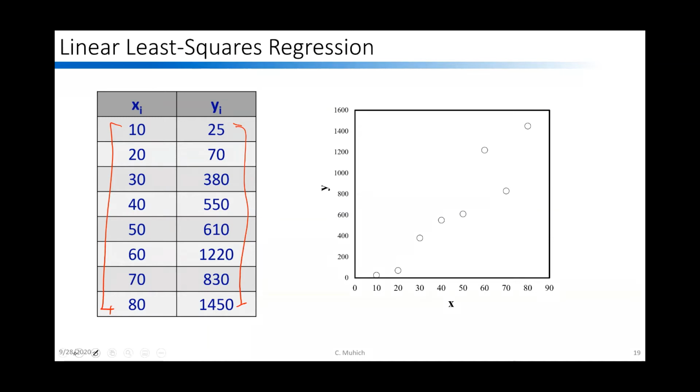So we want to find this red line here that best fits the data. It best represents what's happening. In linear least squares, we want it to be a straight line, so we want it to have the form y equals a times x plus b.